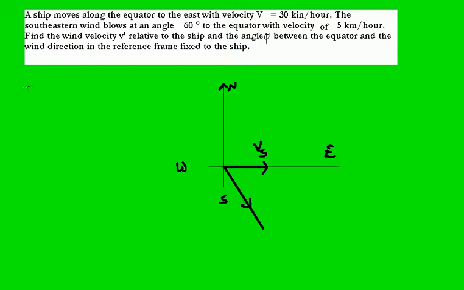We have been asked to find the velocity v dash or v prime, which would be the relative velocity of the wind with reference to the ship. So it would be vs minus vw. I forgot to mention vw here. These are vectors because direction has been specified and magnitude has been given.